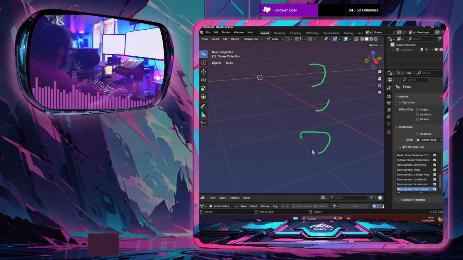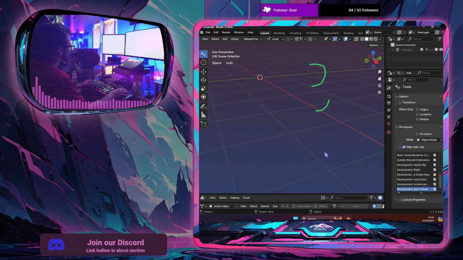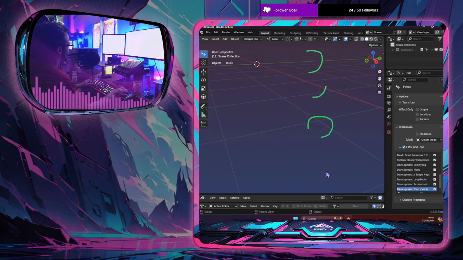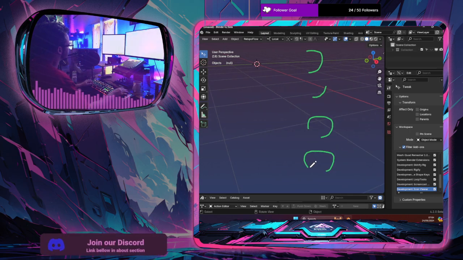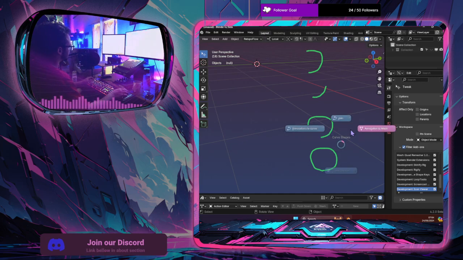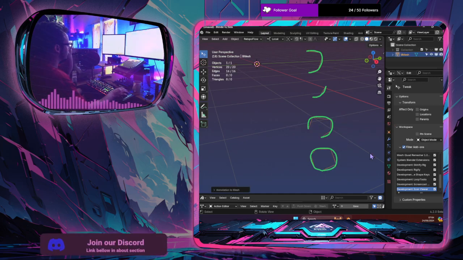That's a beautiful arc. That's a square. I should be using my pen tablet. Okay. Let's see what we got here.